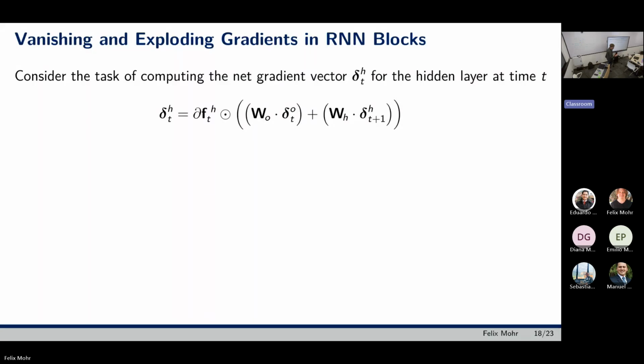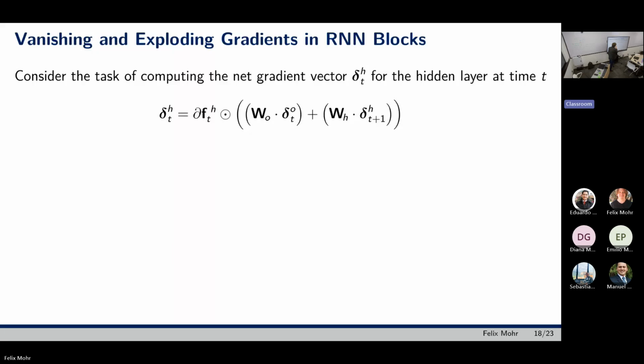Net gradients are the derivative of the error given the input of a layer. We denoted this always as delta. So this basically tells me what influence the inputs of this recurrent unit have on the final error.